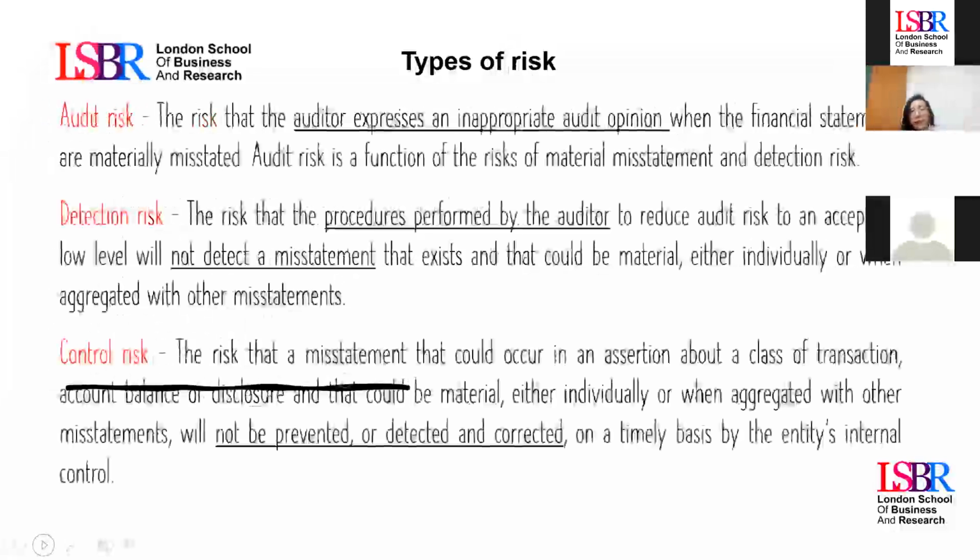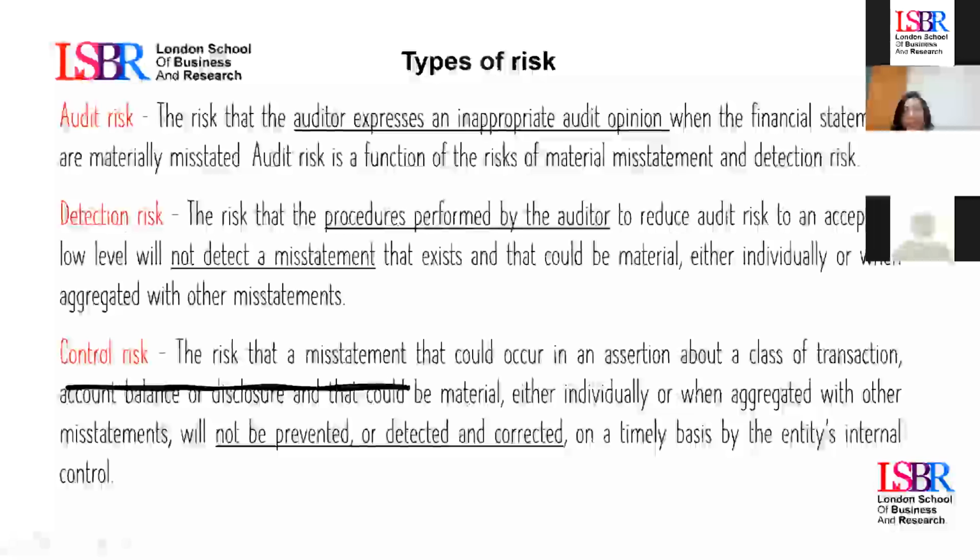And if we understand what inherent risk is, we have another risk, that is audit risk. That is the risk that the auditor expresses an inappropriate audit opinion. Why? Because maybe the auditor didn't review enough to reach a very strong conclusion. So basically, audit risk is when the auditor gives an inappropriate opinion.